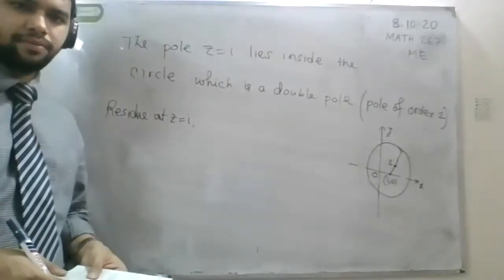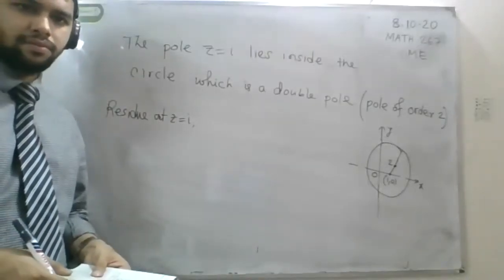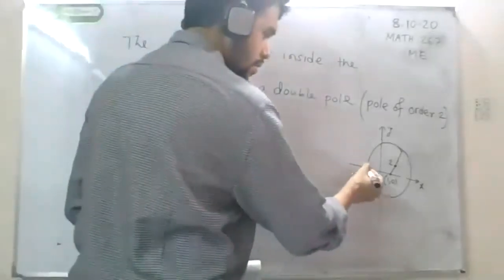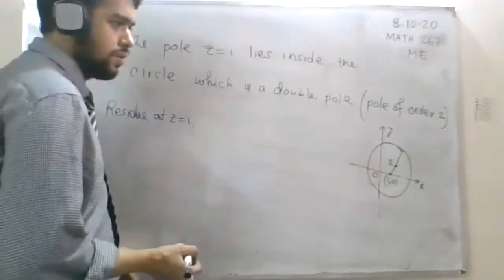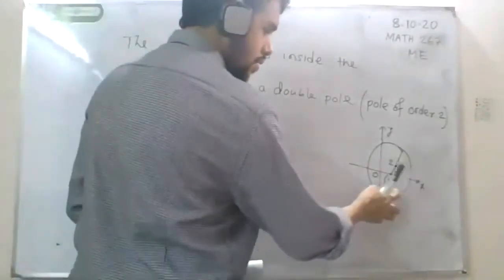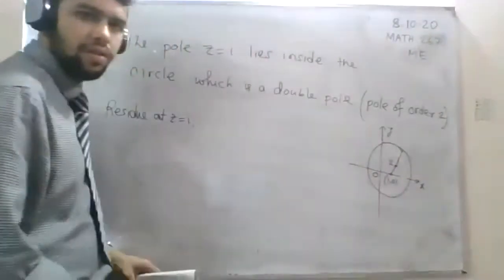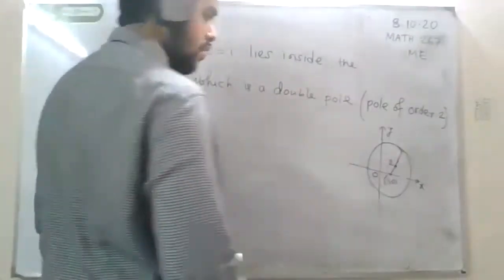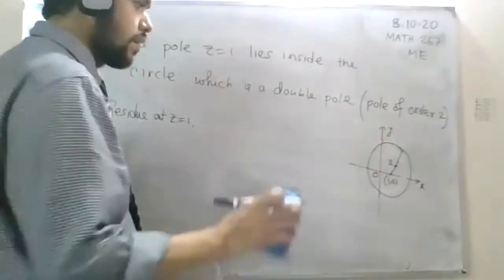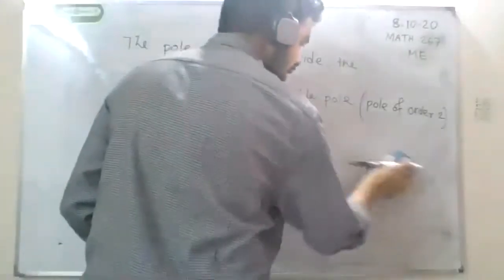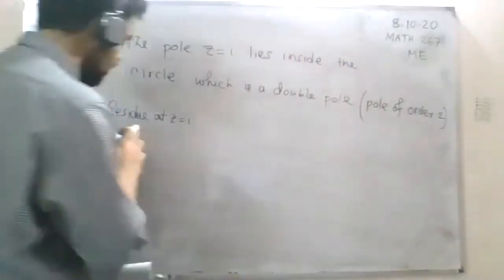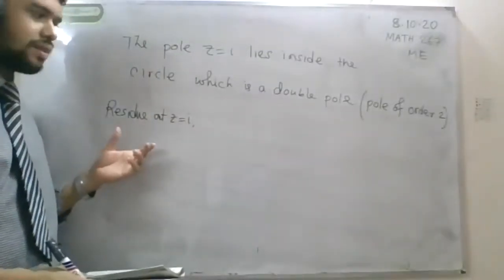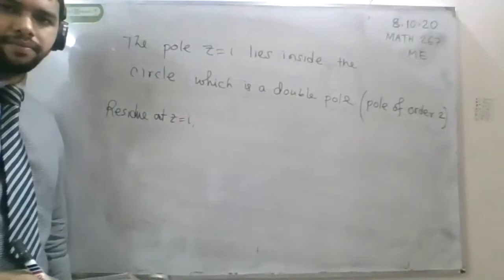The point on the x-axis is 1, 0. Okay, and this is 2. Now just tell me the formula for finding the residues of a double pole.